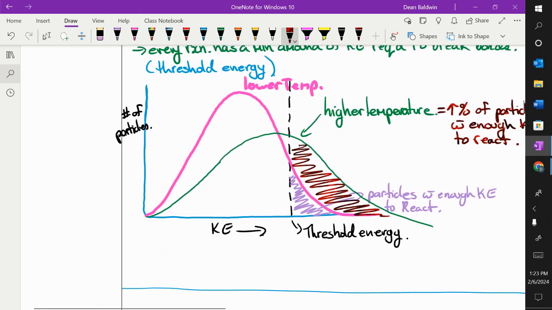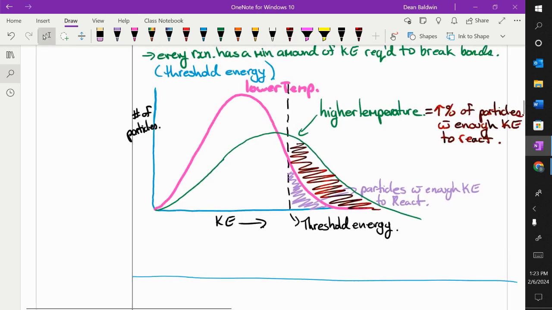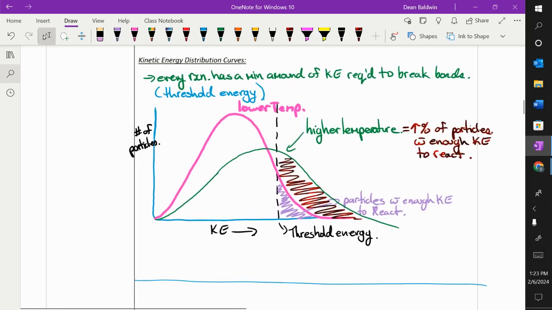All right. Now this is sort of a side note, because a lot of books equate threshold energy and activation energy. They're not technically the same thing. If you look at a potential energy diagram, it doesn't matter if it's endo or exo.